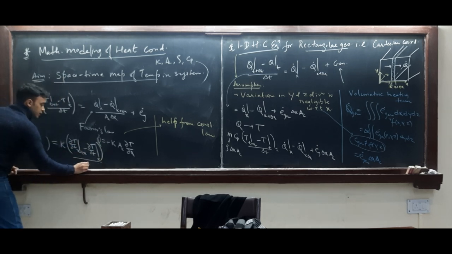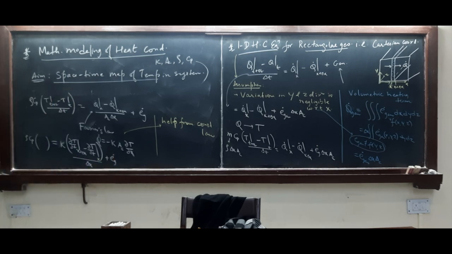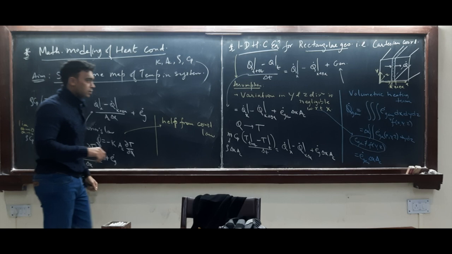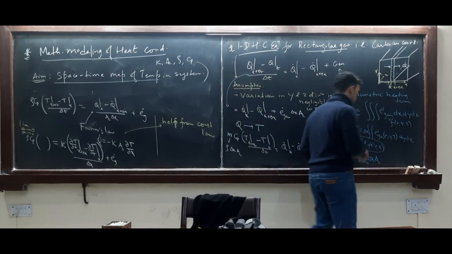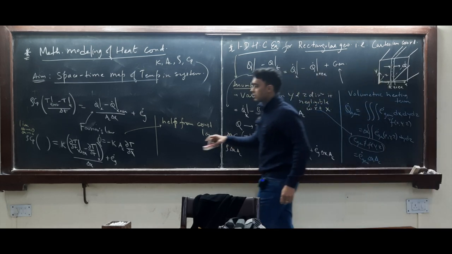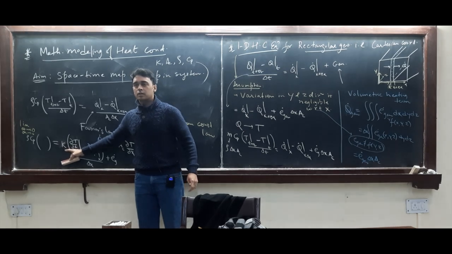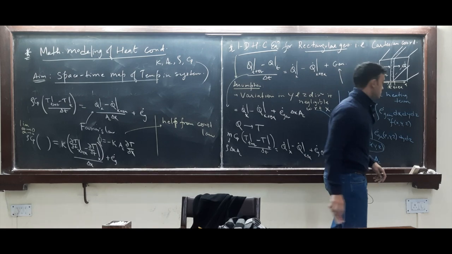Divided by delta x plus E gen dot. Now I can take the limit delta t tending to 0 and delta x tending to 0. What will we get? I took k out because k is not x dependent. I'm currently taking k to be uniform, not varying in space.